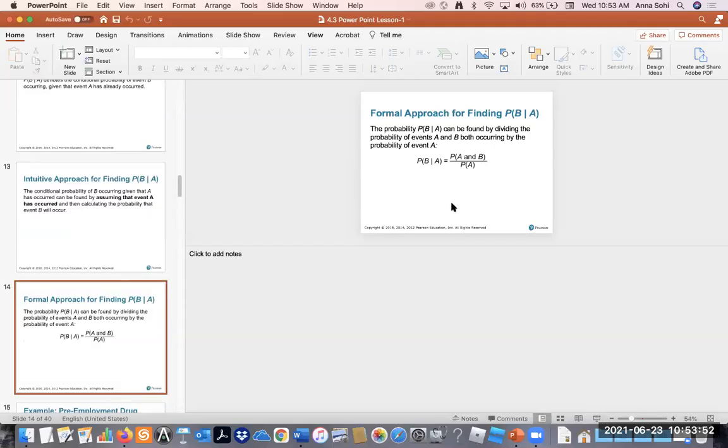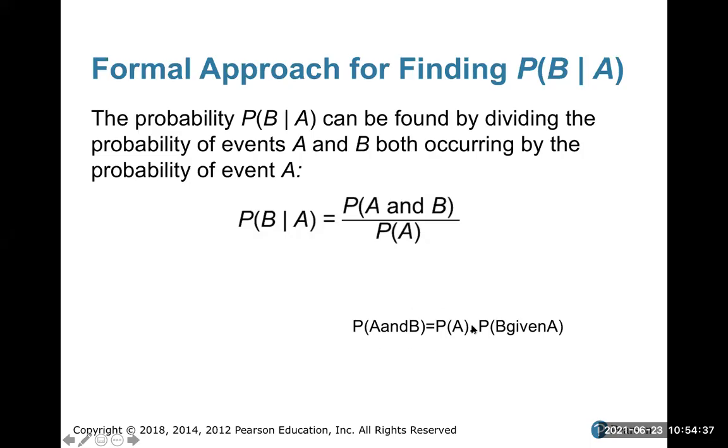We had P of A and B is equal to P of A times P of B given A. I don't know how to put that line with my laptop, given A. So look at here, we had this one earlier.